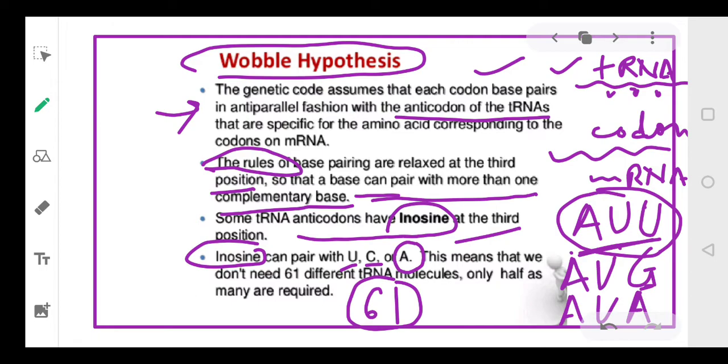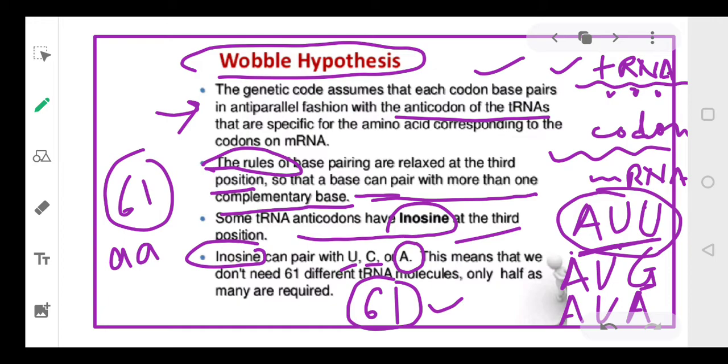Okay, देखिए हमारे पास 61 अमाइनो एसिड्स बनाए जाते हैं, ठीक है? इसका मतलब है हमारे पास 61 एंटीकोडोन्स होने चाहिए जो टीआरएनए पर मौजूद होंगे. लेकिन वोबल हाइपोथेसिस ये कहता है कि ज़रूरी नहीं है कि हमारे पास 61 टीआरएनए होने चाहिए, बिकॉज आयोसिन अगर एंटी कोडॉन में मौजूद है, तो वो यू, सी और ए किसी के साथ भी पेयर हो सकता है. So we require very less number of tRNAs to produce 61 amino acids. This is what the Wobble hypothesis says.